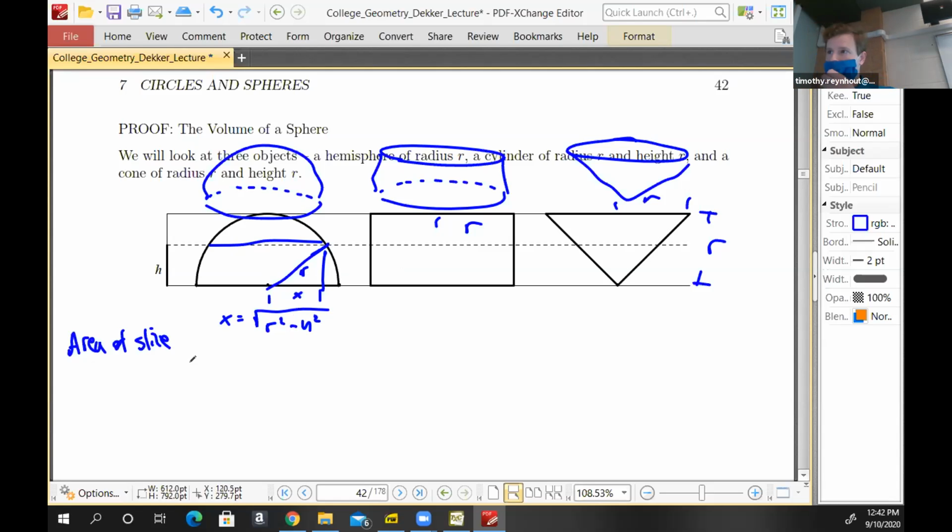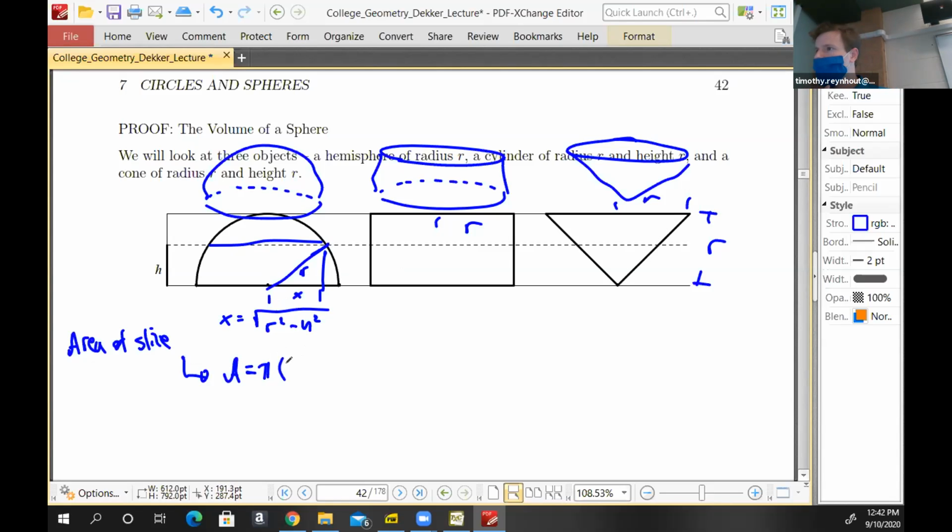So the area is equal to pi x squared, but x is the square root of r squared minus h squared.